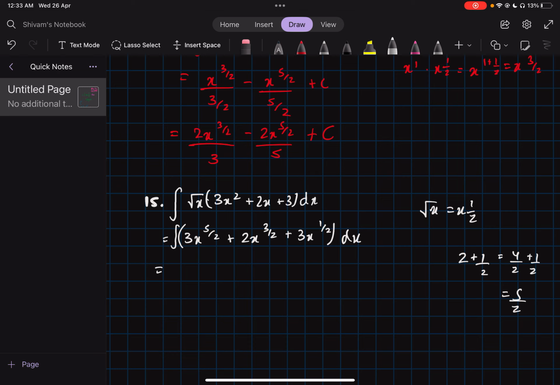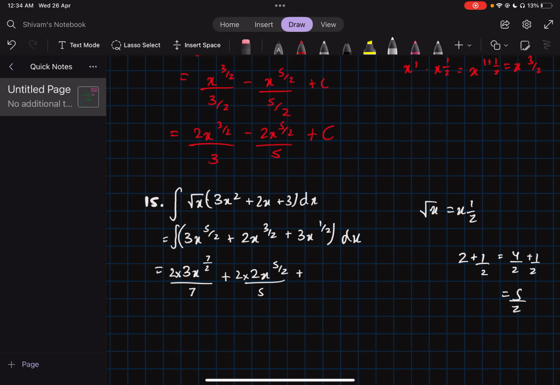And you're going to use the power rule separately again. So 3x to the 5 by 2, add 1, 7 by 2, divide by the new power. So 7 by 2, I'm just going to write it directly this time. Then add 1 to the power, 5 over 2, 1, 5 times 2, because the denominator gets kicked up to the numerator.